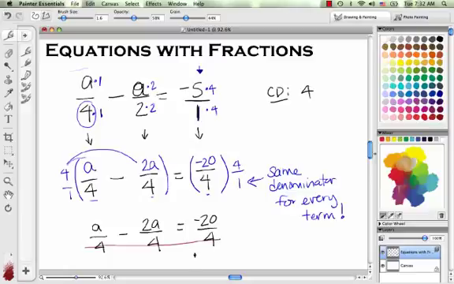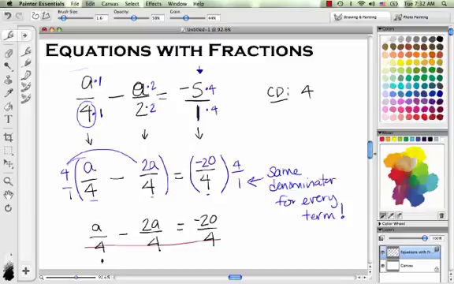They cancel each other out, because if I multiply the left side by 4, the denominators will cancel when you reduce the fractions, and if I multiply the right side by 4, the denominators will cancel when you reduce the fractions. This is an excellent way to get rid of the fractions, eliminate fractions.